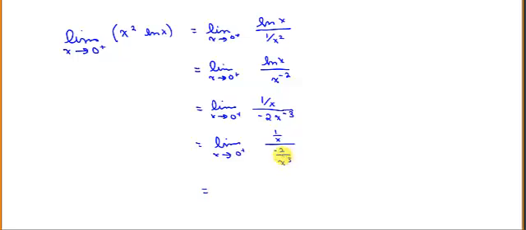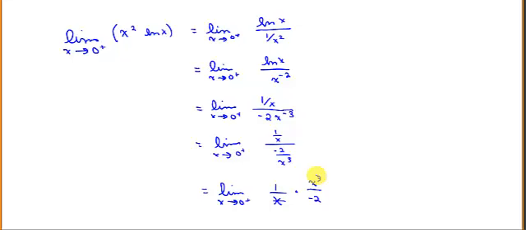A part of the art of using L'Hopital's rule is knowing when to stop using it. And in this case, I think things will simplify pretty easily if I just multiply by the reciprocal of negative 2 over x cubed. I'll have then the limit as x approaches 0 from the right of 1 over x times x cubed over negative 2.